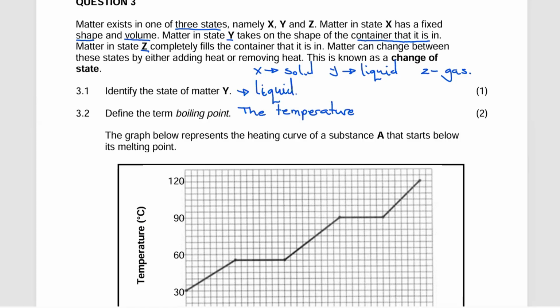So we're saying the temperature of a liquid at which vapor pressure equals atmospheric pressure.